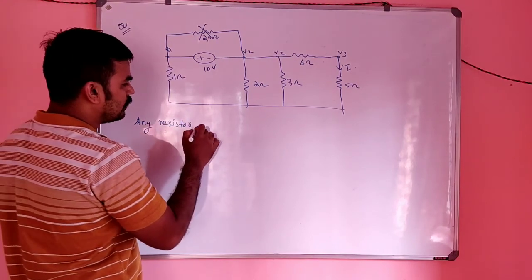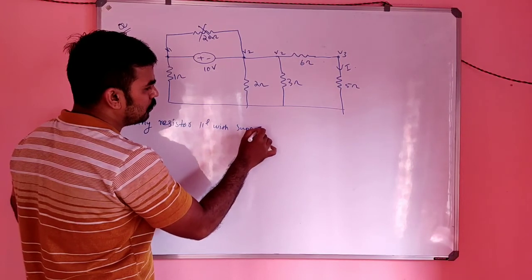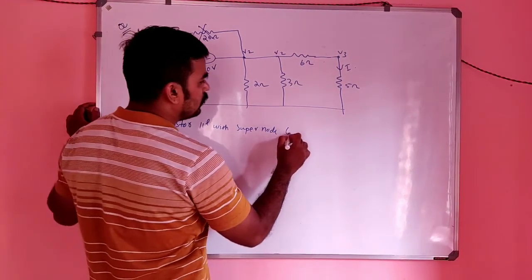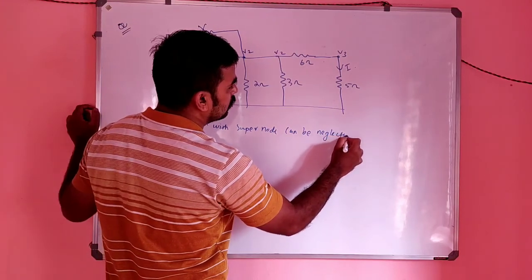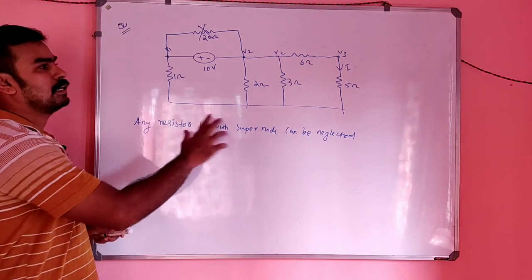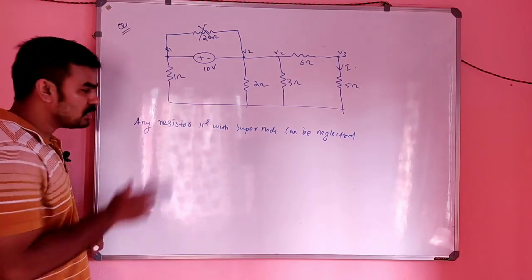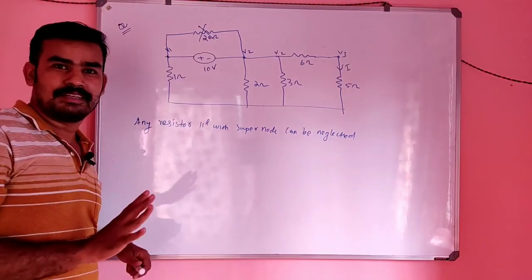Any resistor in parallel with a supernode can be neglected. This is the concept you have to note here. That's why I wrote this question.